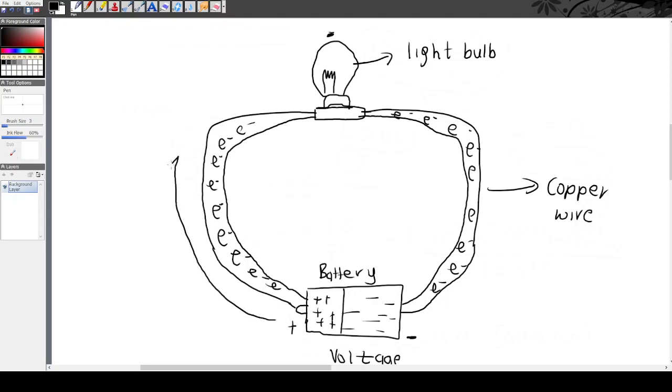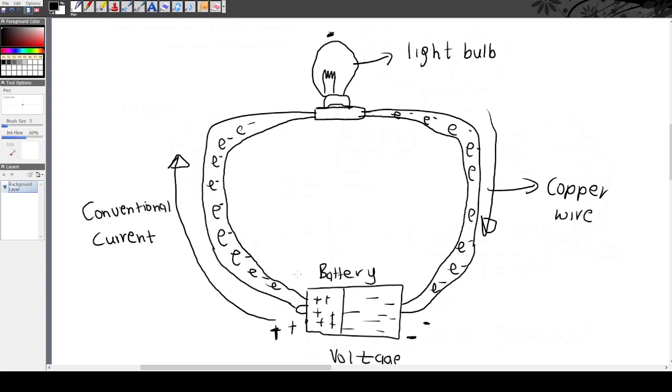There will be current flowing from the positive terminal to the negative terminal of the battery. The current I told you about is called conventional current. It's the flow of current from the positive terminal to the negative terminal.